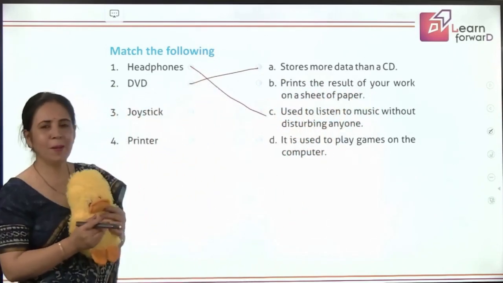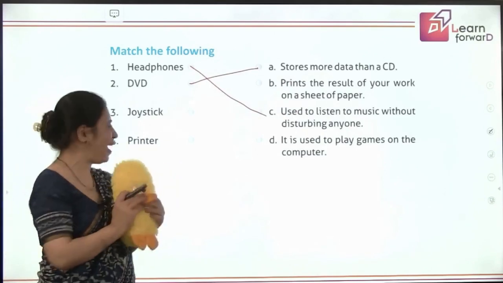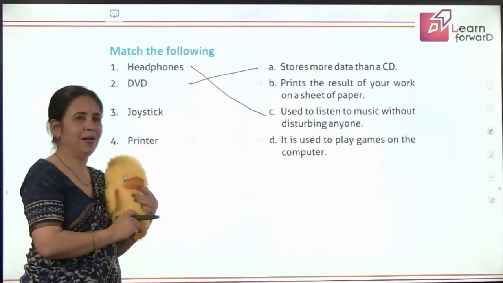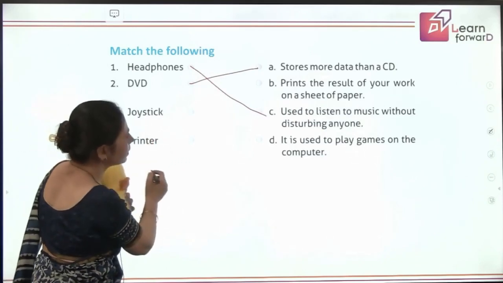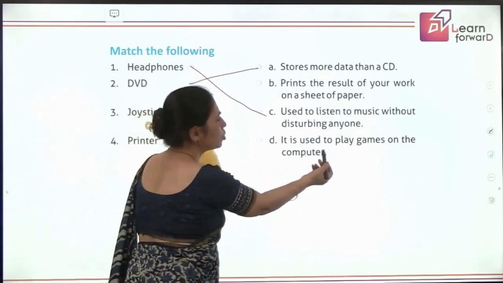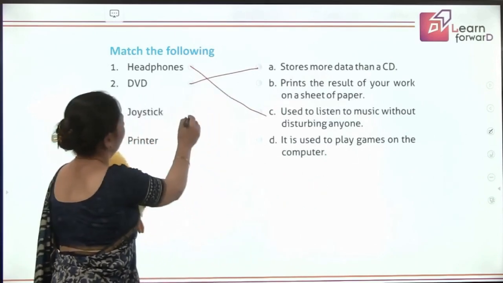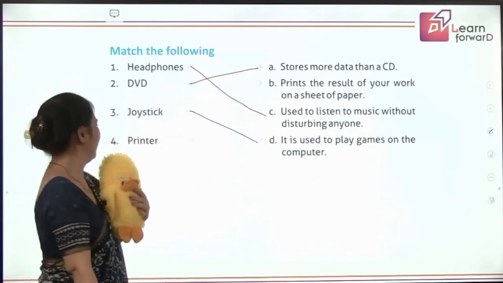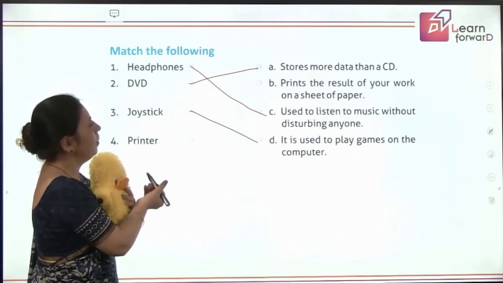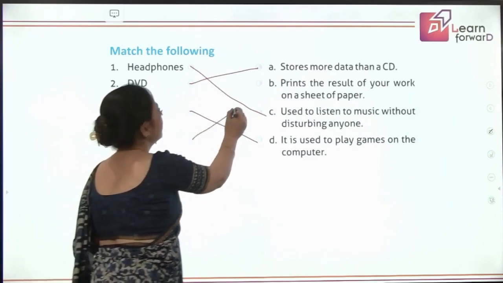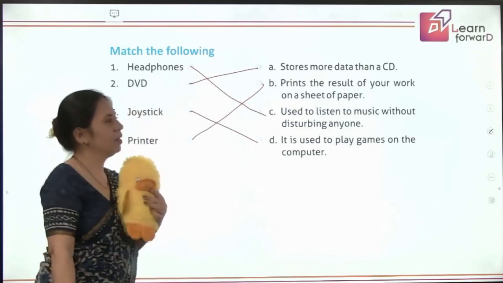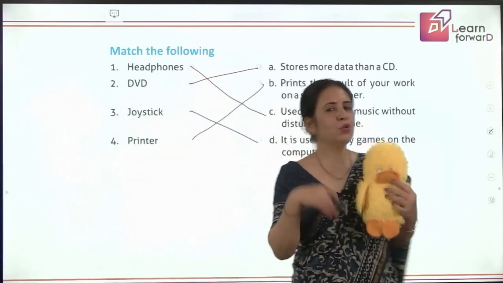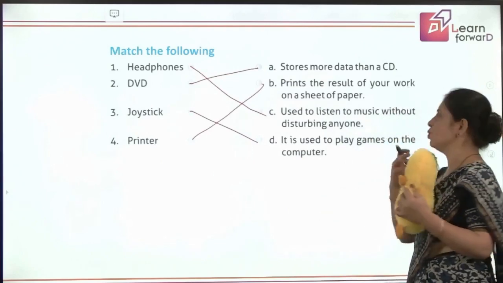And then we come to joystick. Yes, we play with the joystick. Very nice. So what's the option? D. Okay, let me see what is written in D. It's used to play games on the computer. Very nice. Good going. Keep the spirit up. And printer prints all the result of your work on the sheet of the paper, and we could store it for the future use.